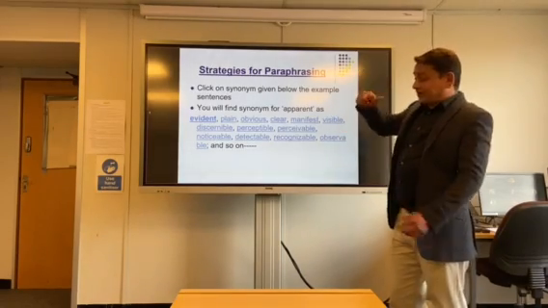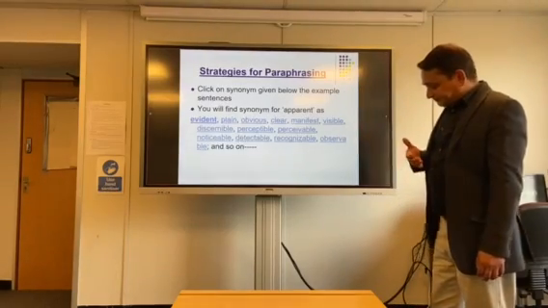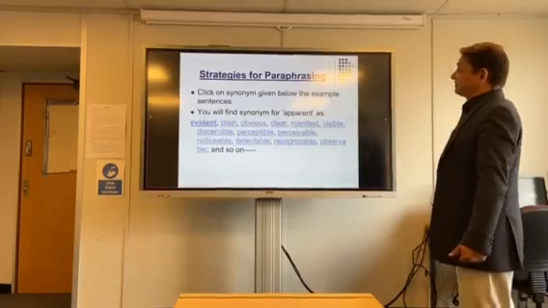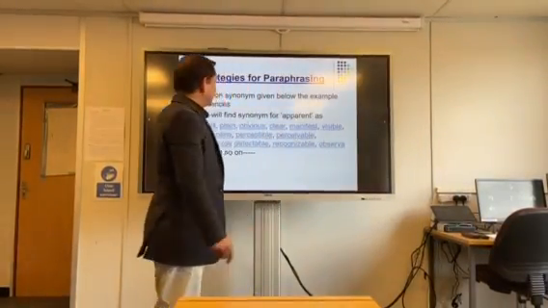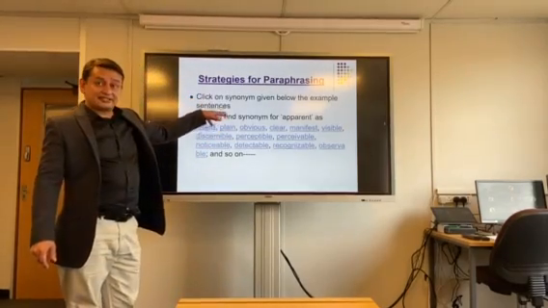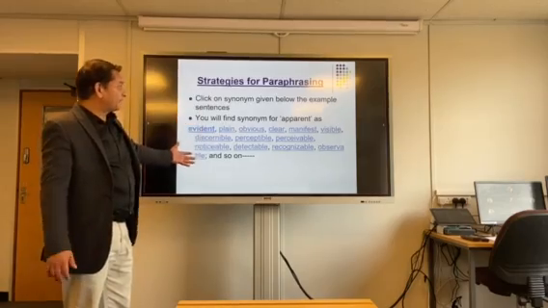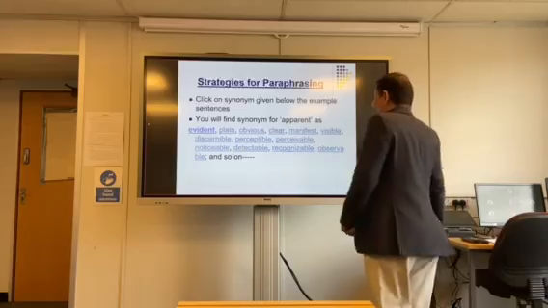And then you will also find synonyms below the original word. So click on the synonyms given below the example sentences. You will find a synonym for apparent as evident. When you click it, they will give you possible similar words: evident, plain, obvious, clear, manifest, visible.